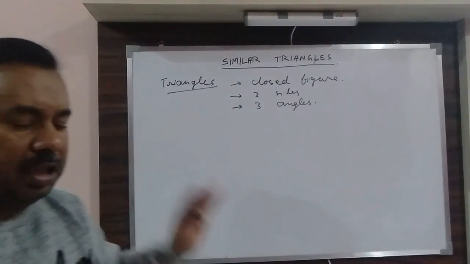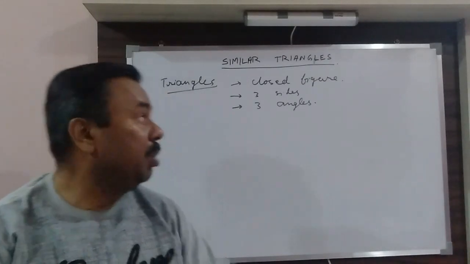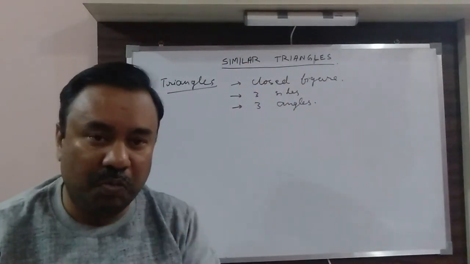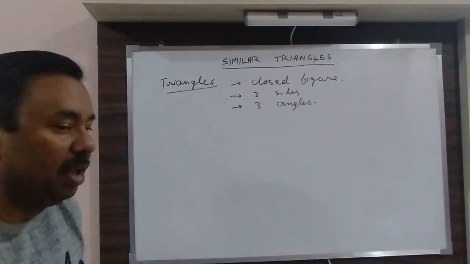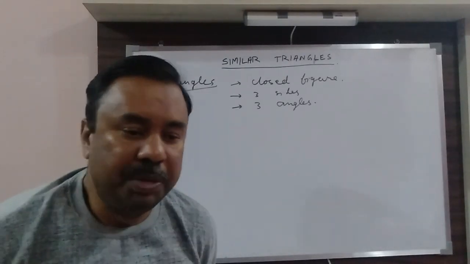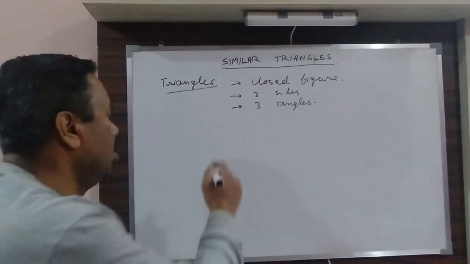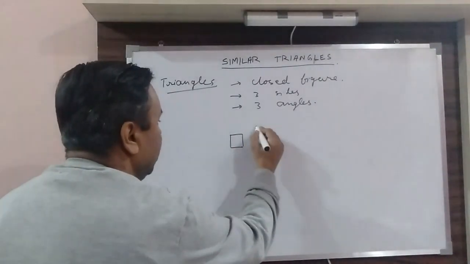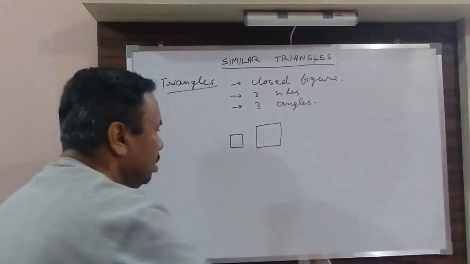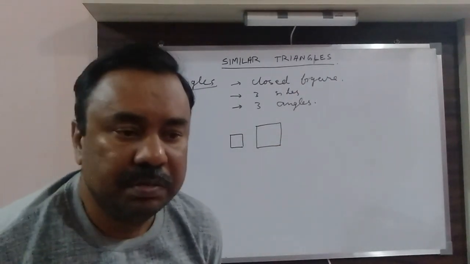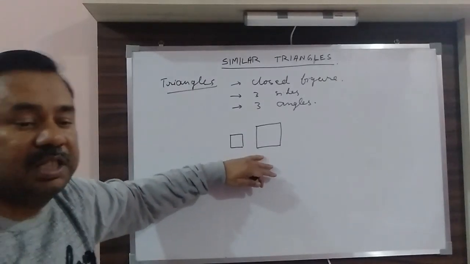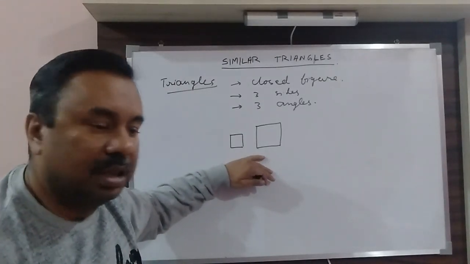Then what are similar, because we are taking the topic of similar triangles. So what is similarity between two objects? You must have seen a photograph. Suppose that I make one square here and another square here. Just the sizes are different, but these figures are similar to each other.